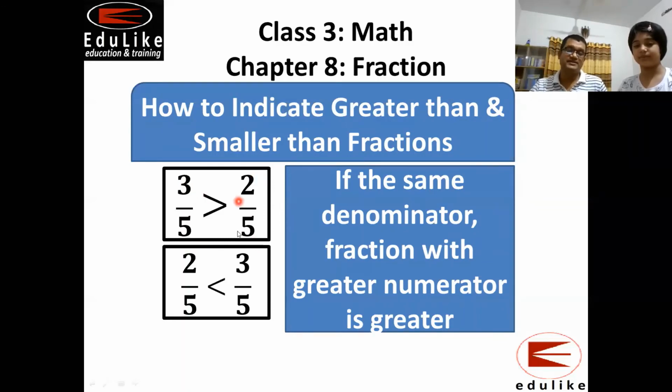If we compare these two fractions, we see 5 is the common denominator, and as 3 is greater than 2, we can say 3 by 5 is greater than 2 by 5. It can be said that 2 by 5 is smaller than 3 by 5. If the same denominator fraction with greater numerator is greater.